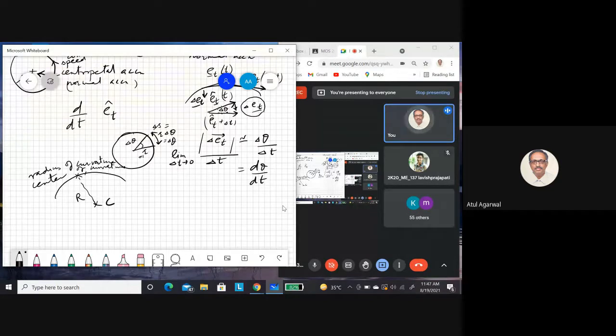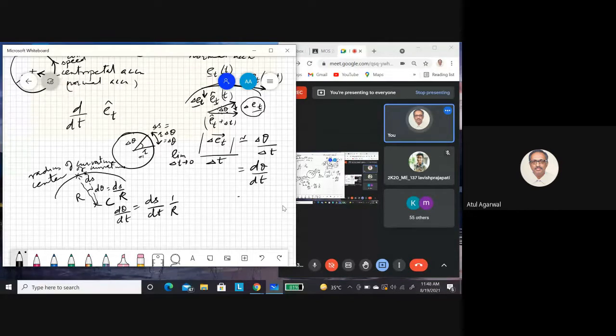So it is moving a distance ds. If you say it has moved a distance ds, what is this angle? This d theta is ds by r. So what will be d theta by dt? It will be ds by dt into 1 by r. Is it all right?